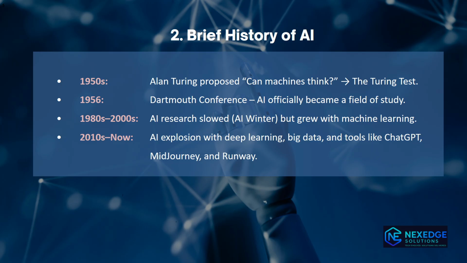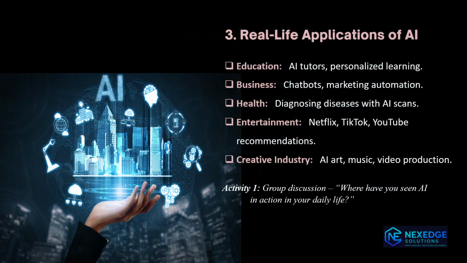So AI has been growing since then till now. There are a lot of apps, a lot of AIs that have been developed now. So that is for the history.